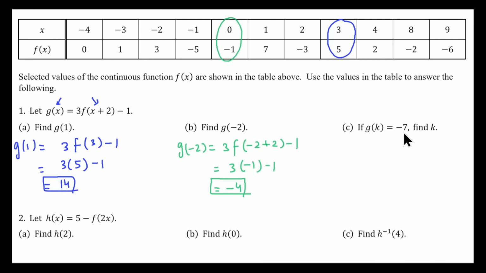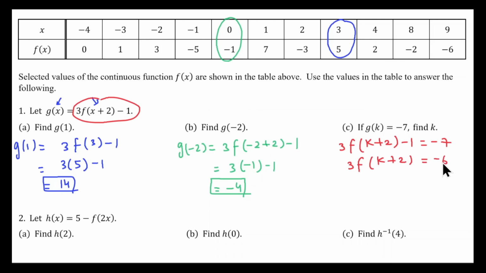Okay. Then we have, so this is a little different. If g(k) is negative 7, then what is k? So what will be g(k)? Obviously replacing every x by k. So this is equal to negative 7. This will be 3 times f(k plus 2) minus 1 is equal to negative 7, so 3 times f(k plus 2) is equal to negative 6. Dividing both sides by 3, I have negative 2.